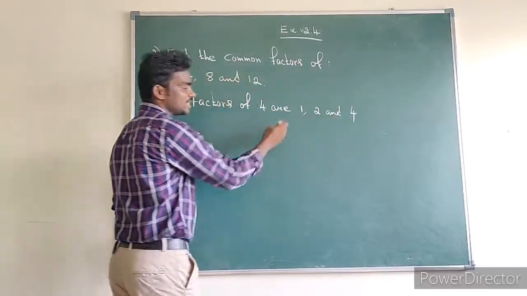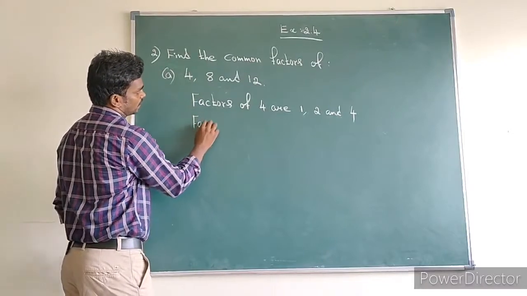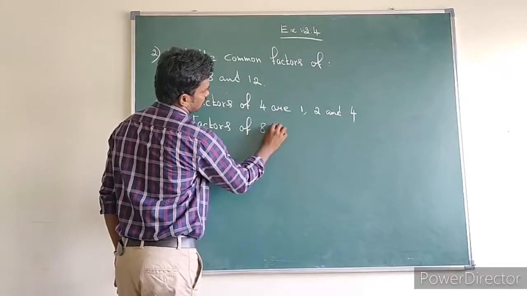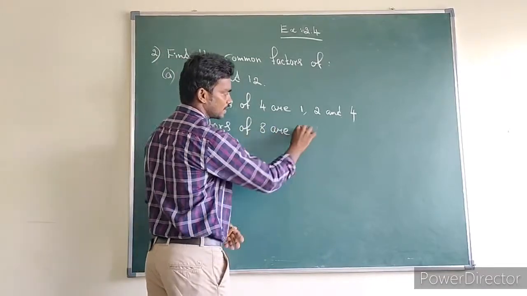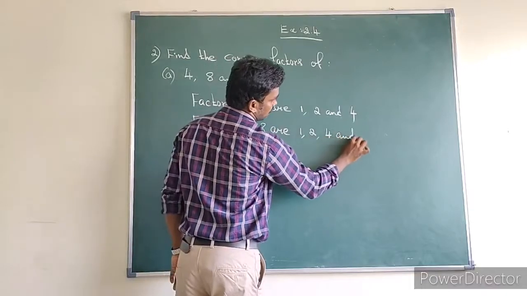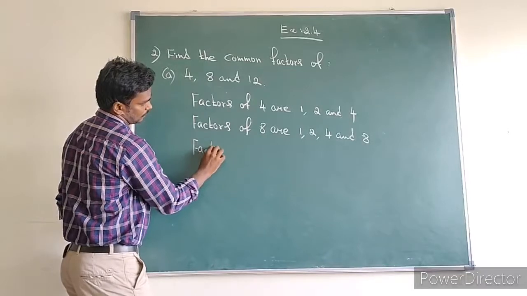Factors means the divisors of 4. So the factors of 4 are 1, 2 and 4. What is the next one? Factors of 8. What are the factors of 8? 1, 2, 4 and 8. Next.